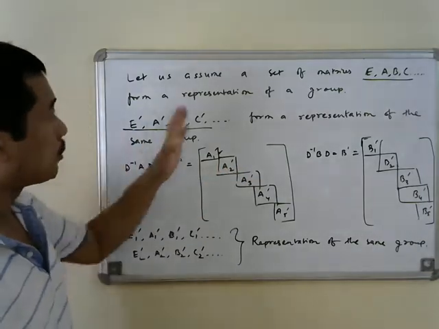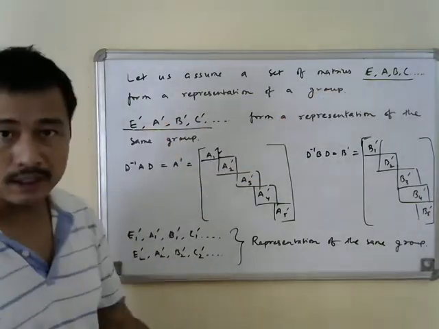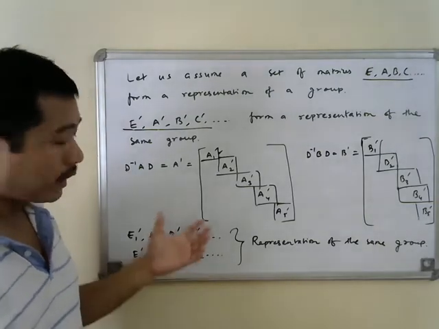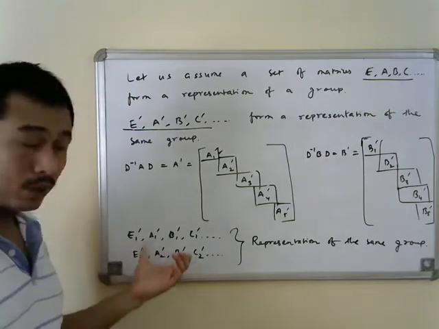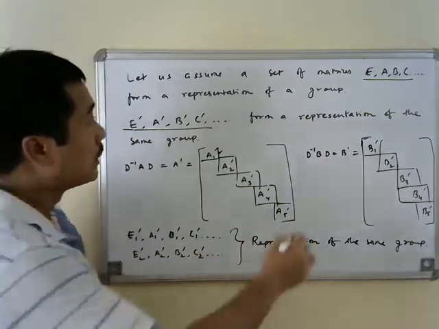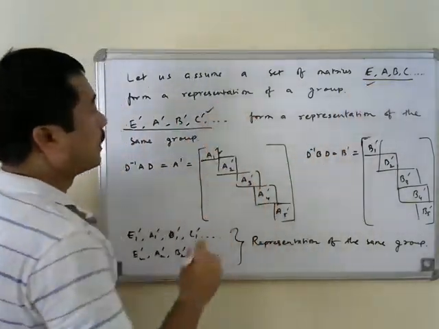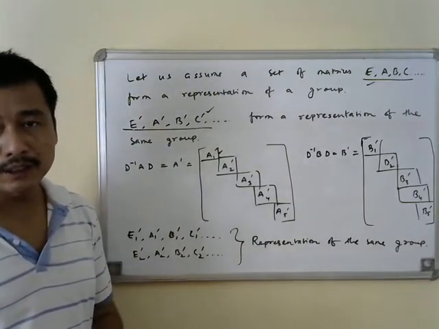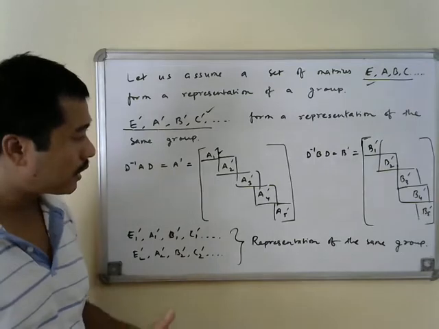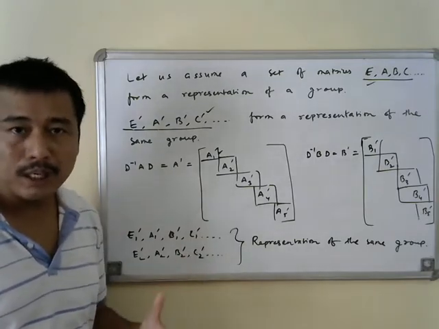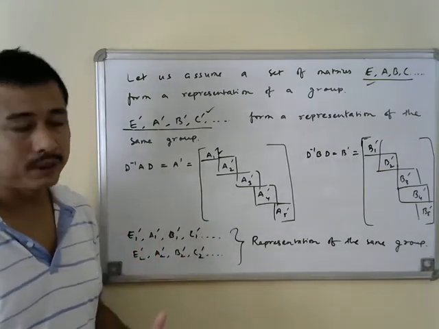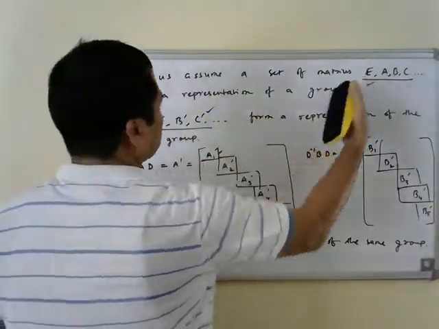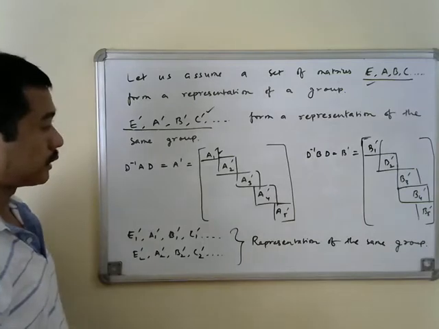So such matrices which can be block factored into smaller matrices of smaller dimension, and these smaller matrices also form representation of the same group, such matrices we will call reducible representation, because we can reduce these matrices into matrices of smaller dimension, and these matrices of the smaller dimension are still representation of the same group. That is why we call these sets of matrices reducible representation.